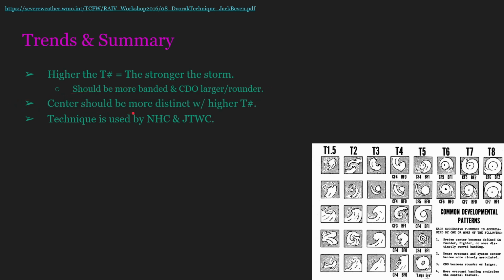The center should also be much more distinct, the higher the T number is as well, which is why the eye pattern only comes in after T4, so only starts after T4.5. That is when, because not even Cat 1s may have an eye, you know?